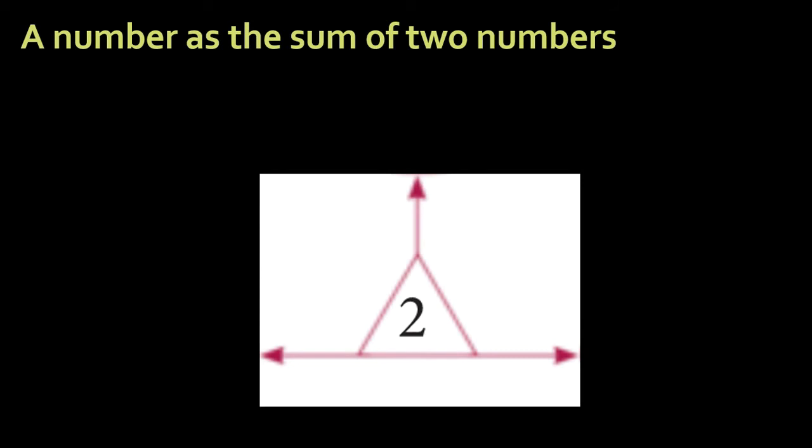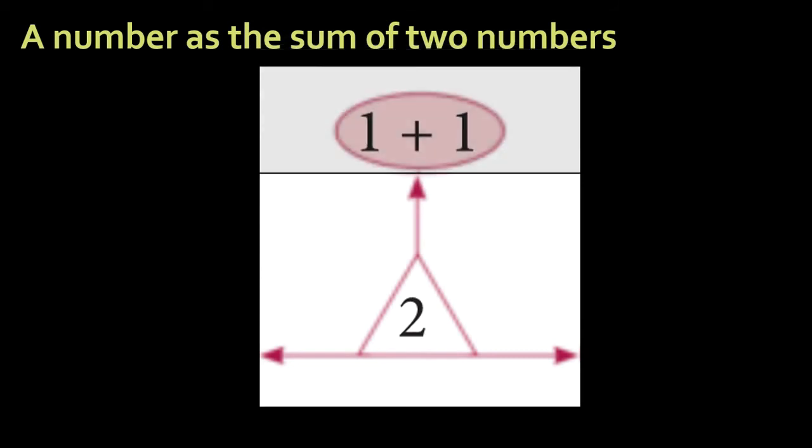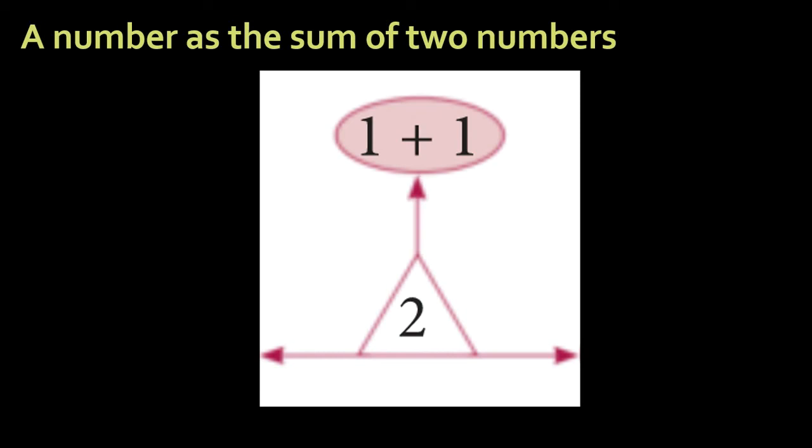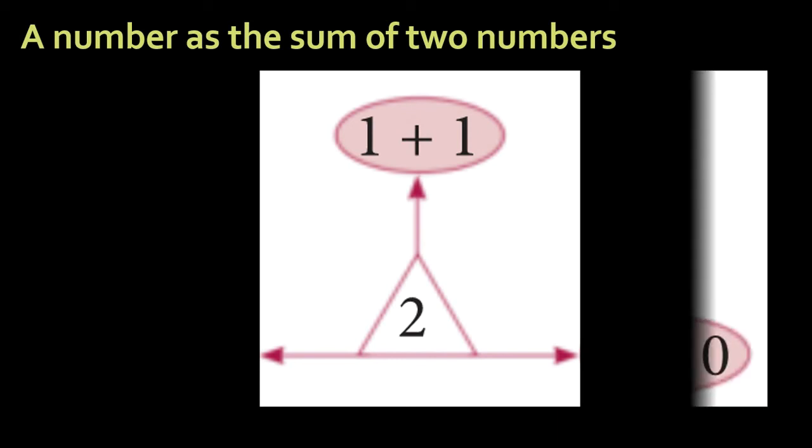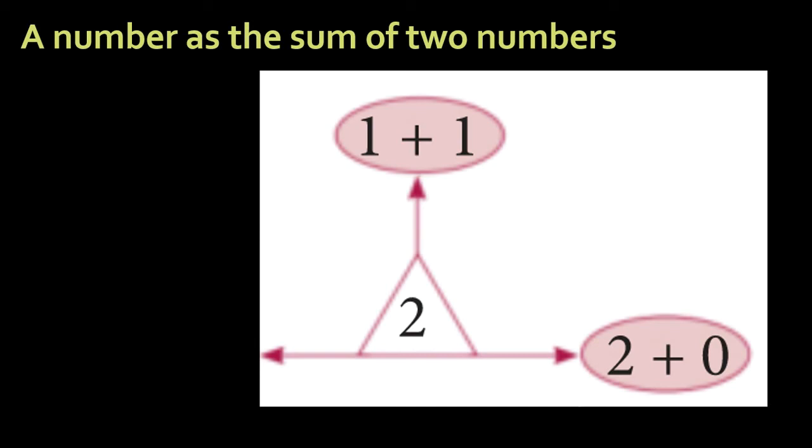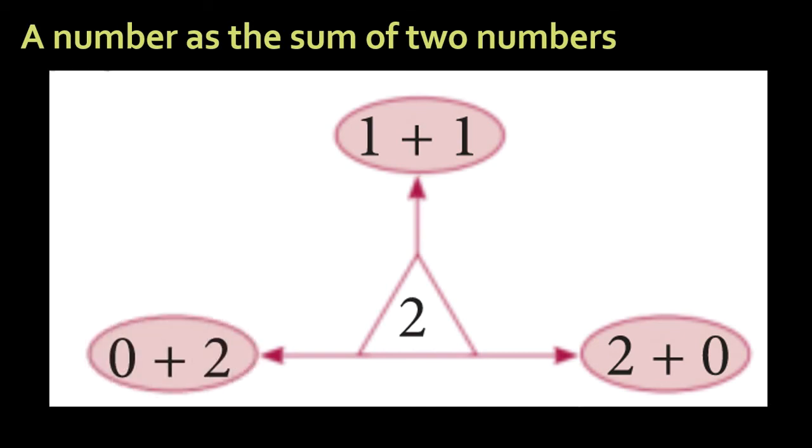So 2 can be written as 1 plus 1, or 1 plus 1 is equal to 2, or 2 can be written as 2 plus 0 or 0 plus 2.